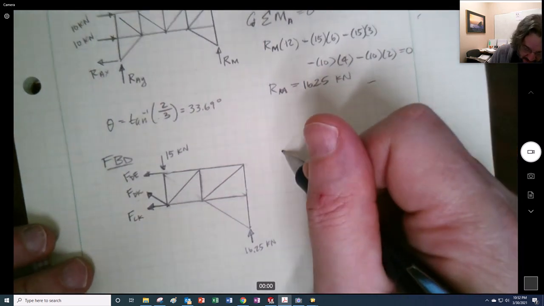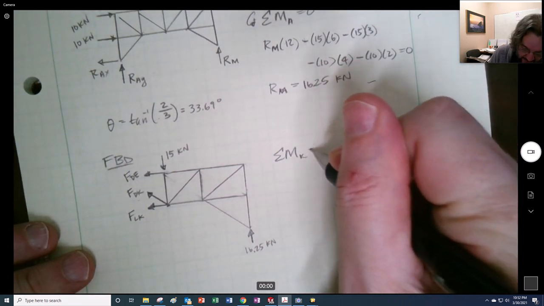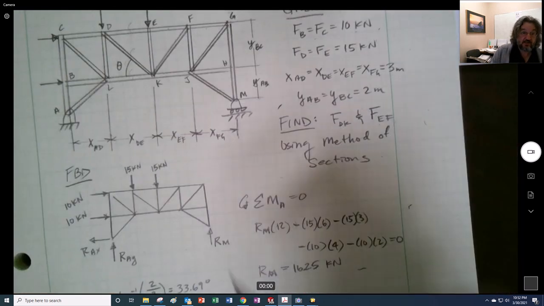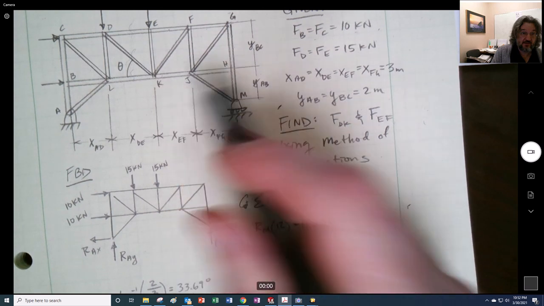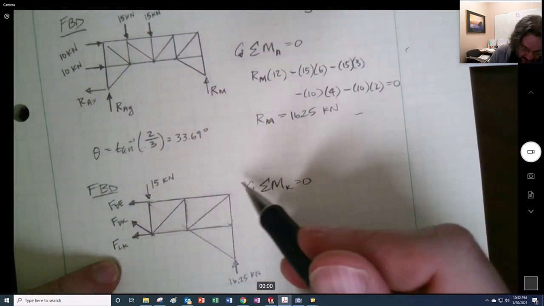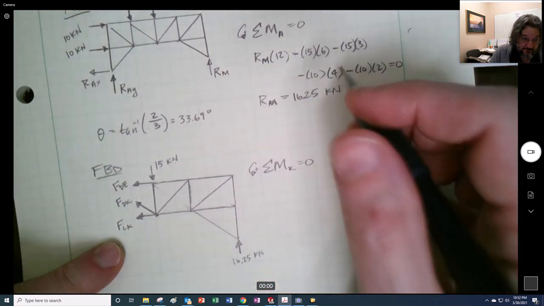So if I take the sum of the moments about K, once again, that's this spot right there. I eliminate DK and LK, and I also eliminate my 15.